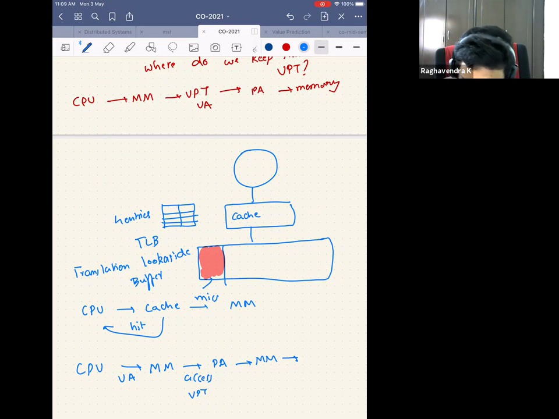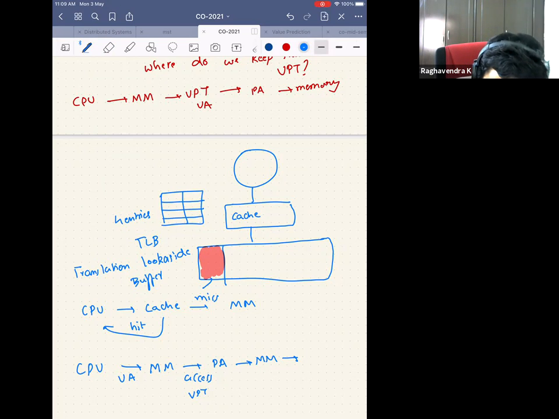So now how do I do this? Initially, maybe process 1 generated an address for page A. I have to go to the main memory because the TLB is empty. So I go to the main memory, and then I say that for process 1, small a is translated to capital A. It's a fully associative structure, which means the entries are fully associative.